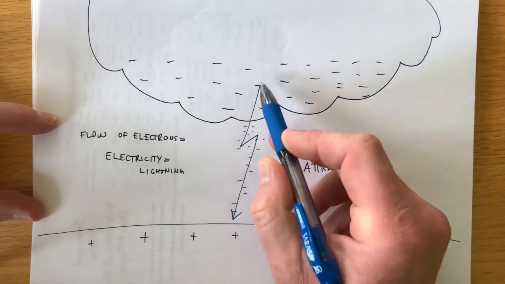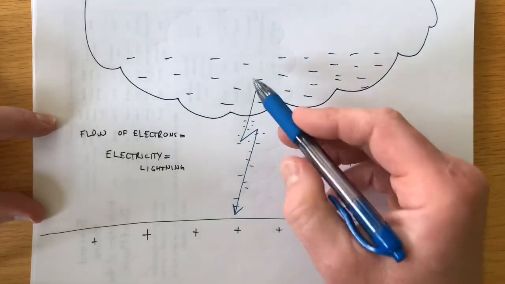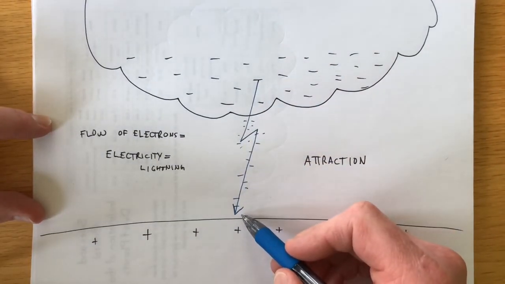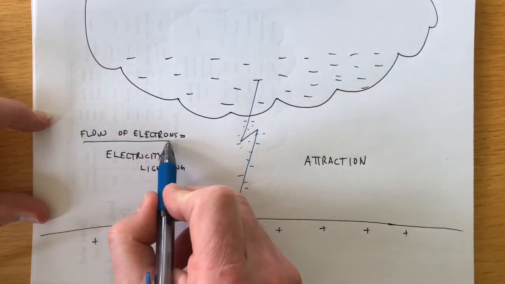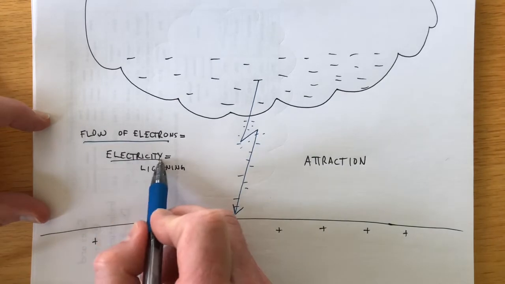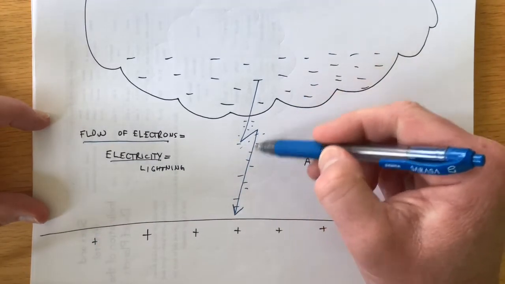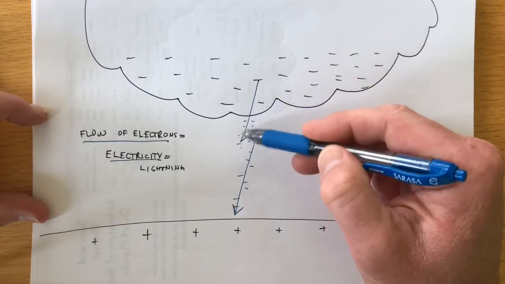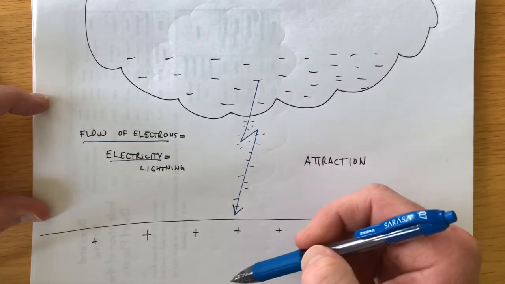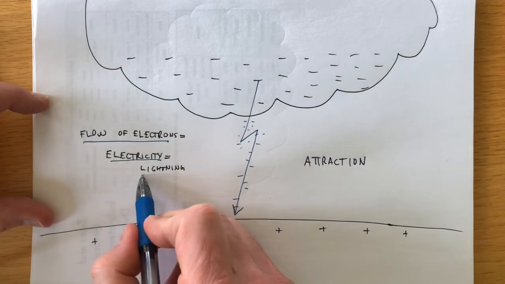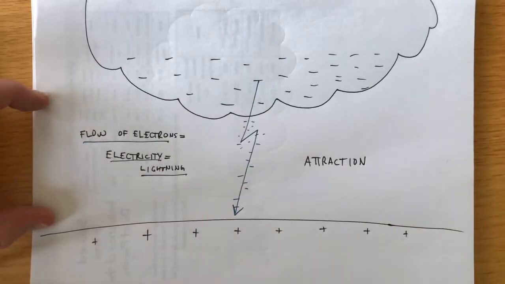So really what this is, is electrons flowing to the ground. Now, I don't know if you remember from physical science, but what is the flow of electrons? That's the definition of electricity. So if this is electrons moving, this is a bolt of electricity going from the cloud to the ground. Now in this case, since it's happening through the atmosphere, we have a special name for it, and we call it lightning.